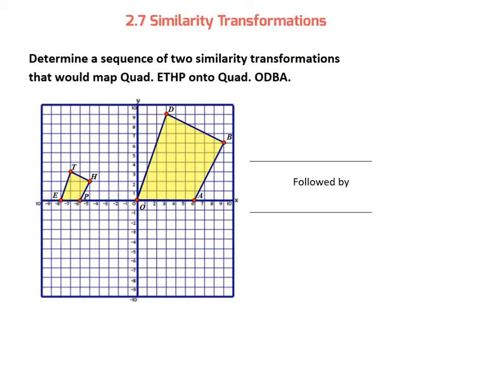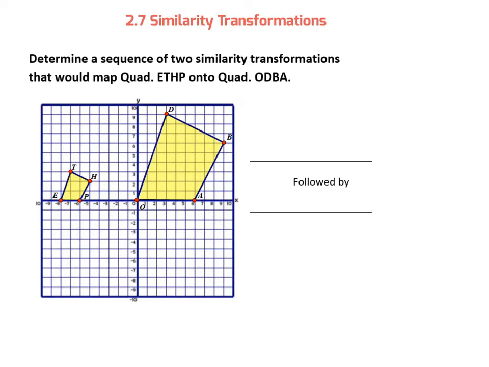In the final question, we want to prove or establish that they are similar. And the way you can do that is you can map this guy or this guy onto each other. If I can take this guy and land him exactly on this guy using only similarity transformations, then they would have to be similar. So there are different ways to do this, but I'm going to slide this right into this spot.